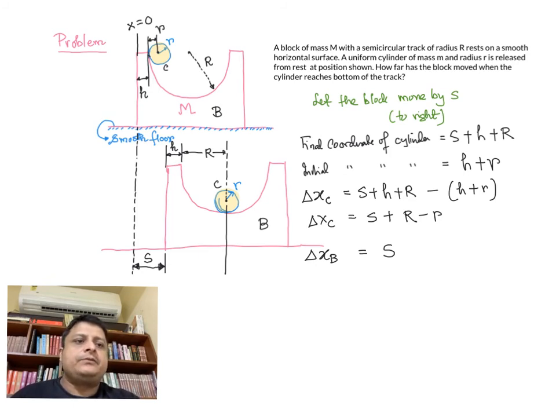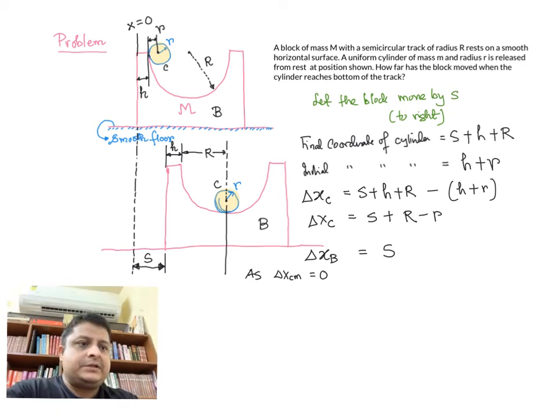So therefore we will apply that again. The center of mass is at rest because the system was at rest. So delta x cm is equal to 0, right? We are talking about the x coordinate because delta x cm equal to 0 since the system is at rest, and also the net force along the x axis is equal to 0.